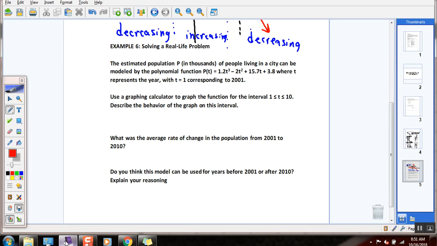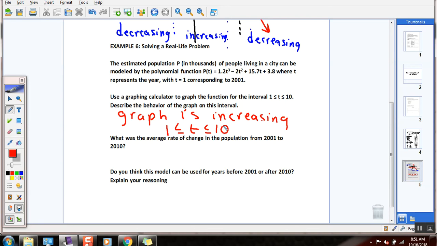Graph is increasing, okay? On the interval, graph is increasing for 1 less than or equal to t less than or equal to 10. Okay? And again, I picked some values in there to get a good read on this here, and I'm not sure I want enough.